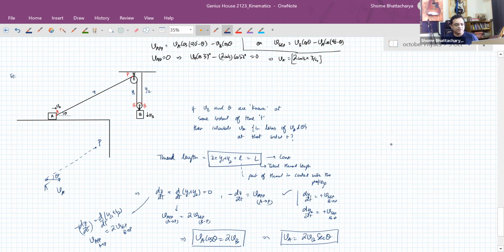I'm sure all of you know the alternate method, how you would do this by calculus. You would have to define this distance between A and P as a hypotenuse. Take this distance as x. This is a fixed distance h. So z square would be equal to x square plus h square. Then you differentiate this.